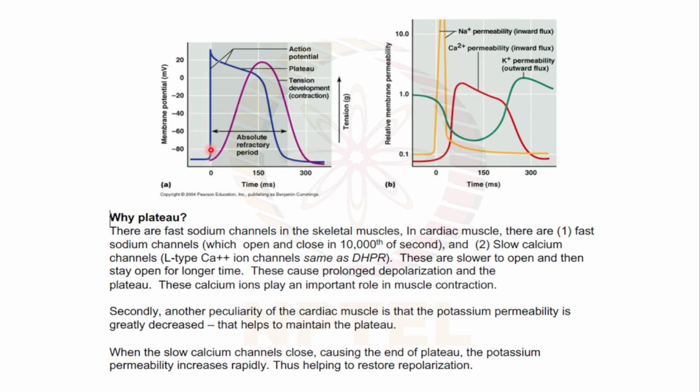So this is actually the contraction: the sudden increase in the membrane potential to plus 20, and then this plateau formation due to the increase in calcium ion concentration inside the cell.